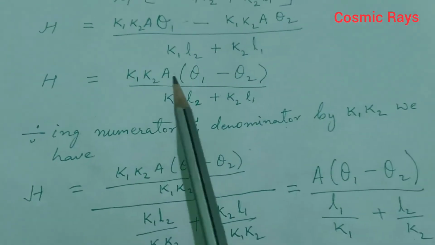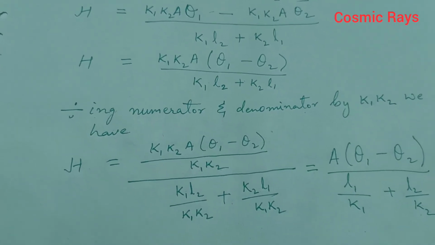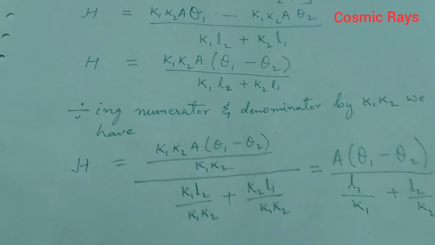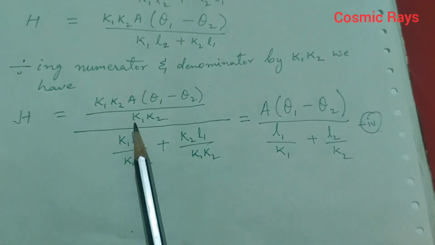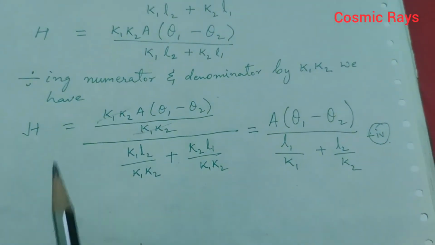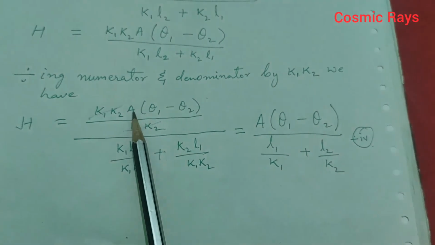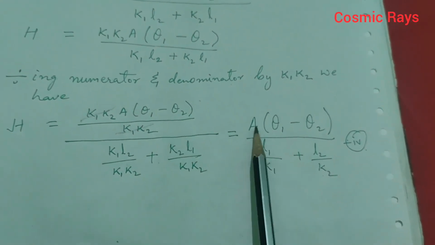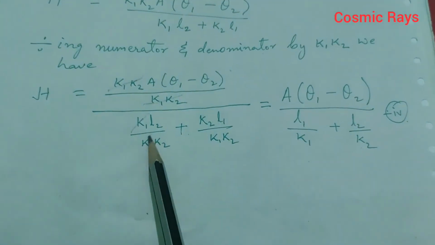Now what we do is we divide the numerator and denominator by K1 and K2. So after dividing we have H is equal to, we divide all the terms with K1 and K2. So this K1 K2 and this K1 K2 cancel out, and in the numerator we are left with A (theta 1 minus theta 2). Here in the denominator K1 and K1 will cancel out.